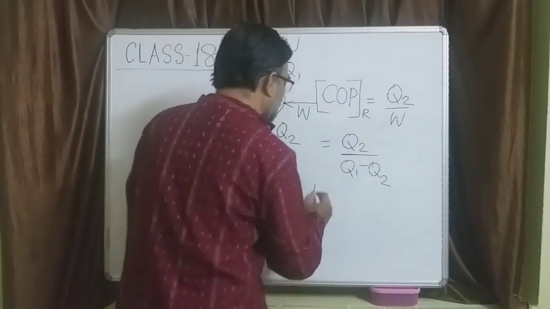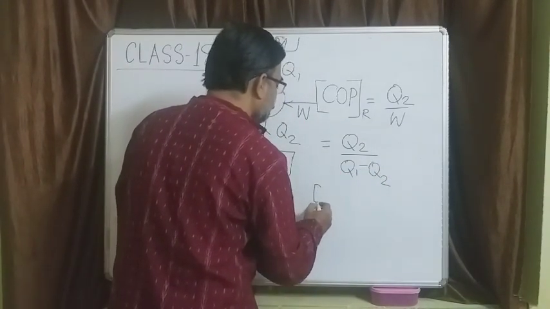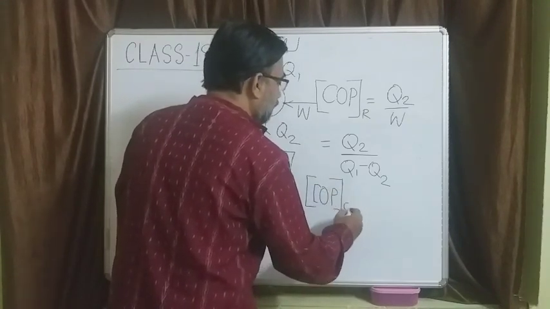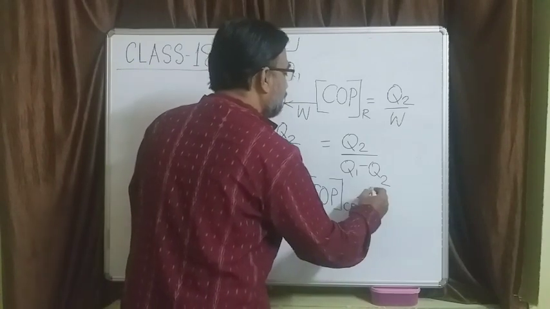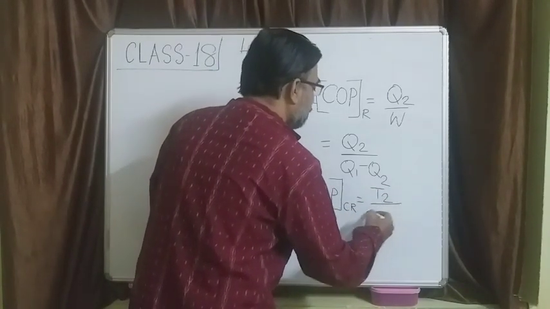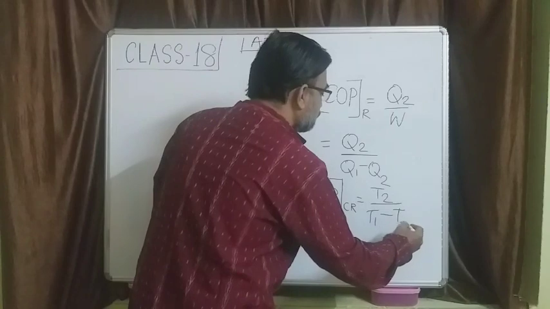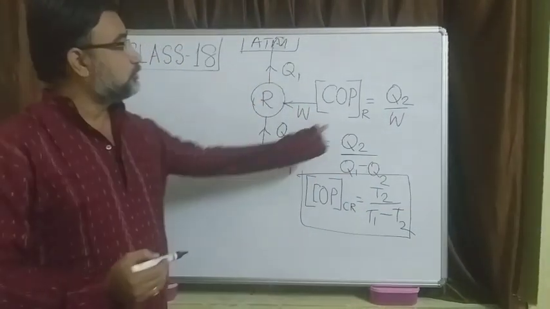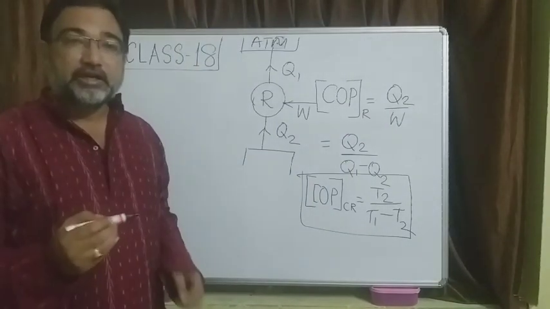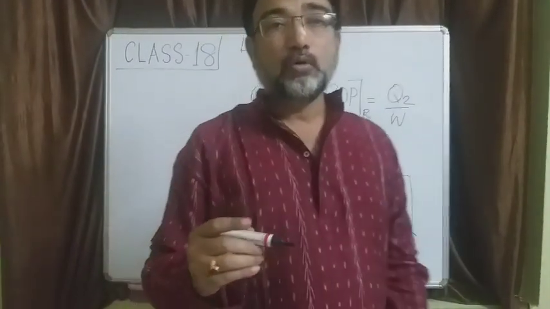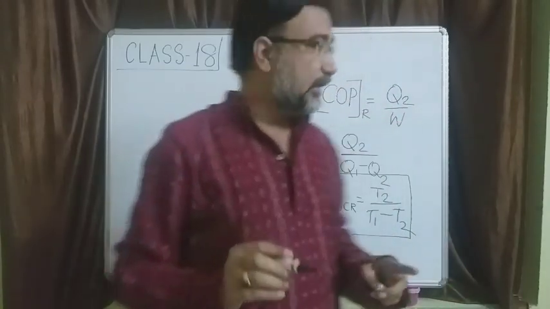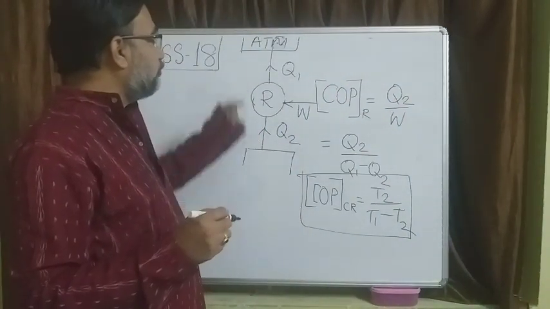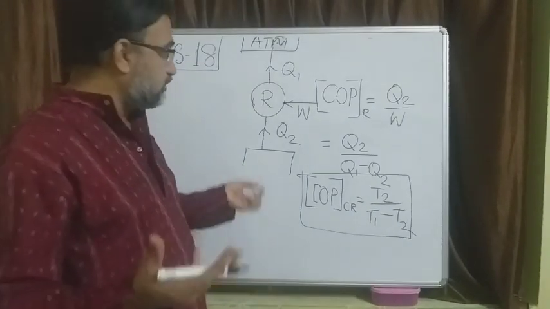But if it is a Carnot refrigerator, then COP of Carnot refrigerator is equal to T2 by T1 minus T2. So this Q2 by Q1 minus Q2 can be replaced as T2 by T1 minus T2 for a Carnot refrigerator. And this Carnot refrigerator is what? Carnot refrigerator is one which will give you the same cooling effect or same refrigeration effect.